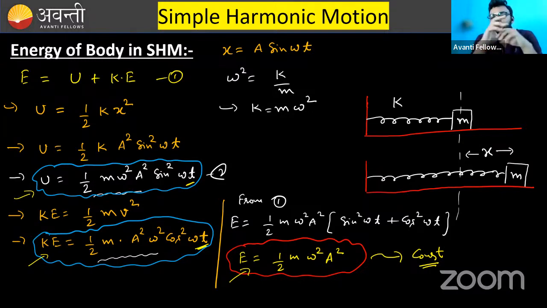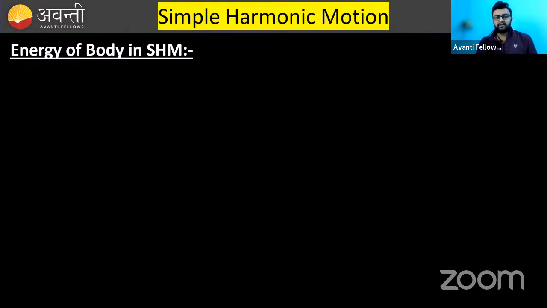This is the point that we can conclude from here, that potential energy varies with time, kinetic energy varies with time, but total energy remains conserved. Is it clear? So on the next page, I will summarize this.